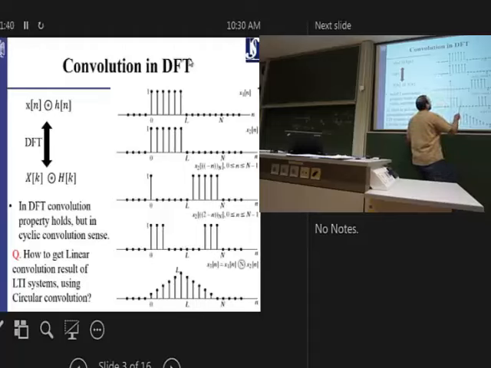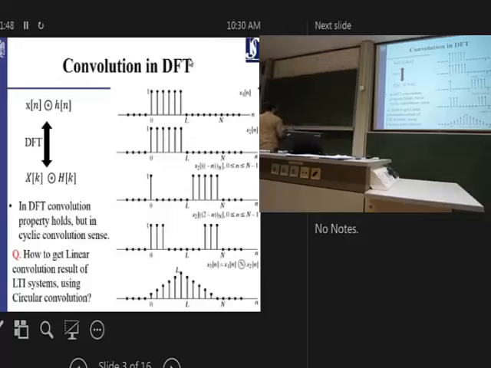Then, for example, in the regular convolution, what we have to do is, if we have a signal like this, for example, this is x of n, and we have such a kind of filter, h of n.